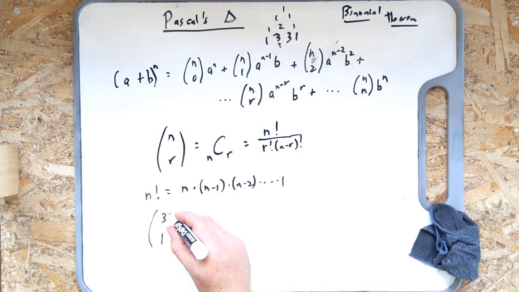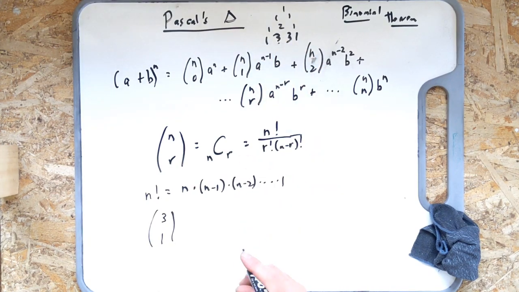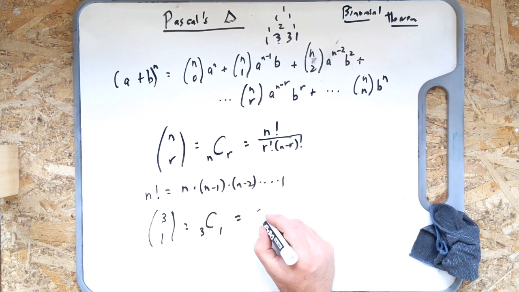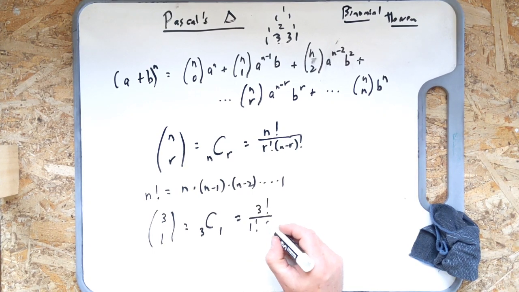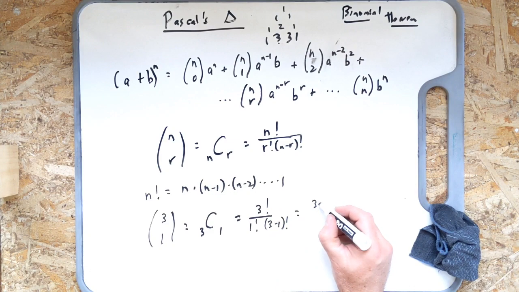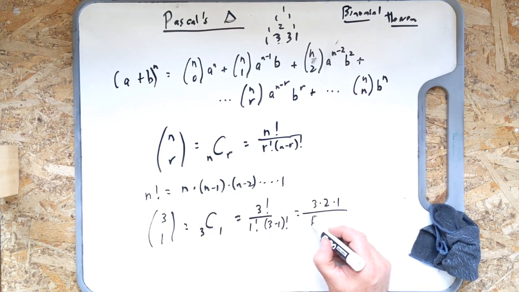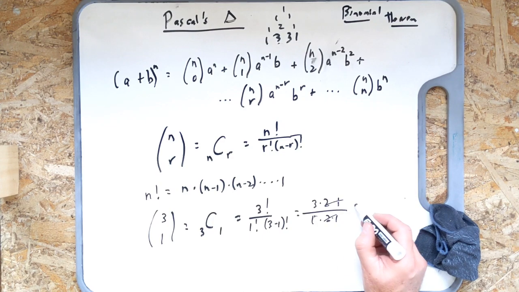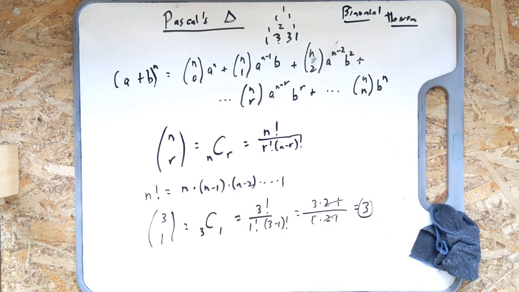So I'm going to find this term right here, not the 0th term, but the first term. So I'm going to do 3, 1 like this. What that means is it's a combination of 3 things taken one at a time. And that, if you just plug it in, is 3 factorial over 1 factorial times 3 minus 1 factorial. Or this is 3 times 2 times 1 over 1 times 2 times 1. Those cancel, and the answer is 3. In other words, that coefficient right there.